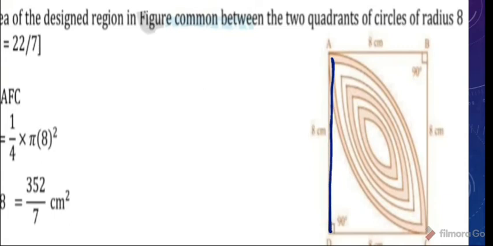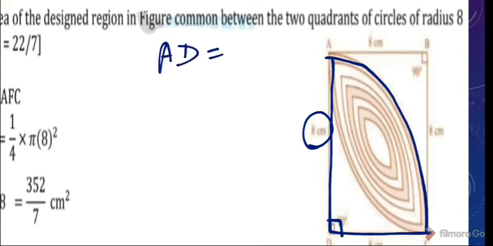This one is one quadrant, this ADC, that means this angle is 90 degree, and also given that radius is 8 centimeter. That means AD is equal to CD is equal to 8 centimeter.